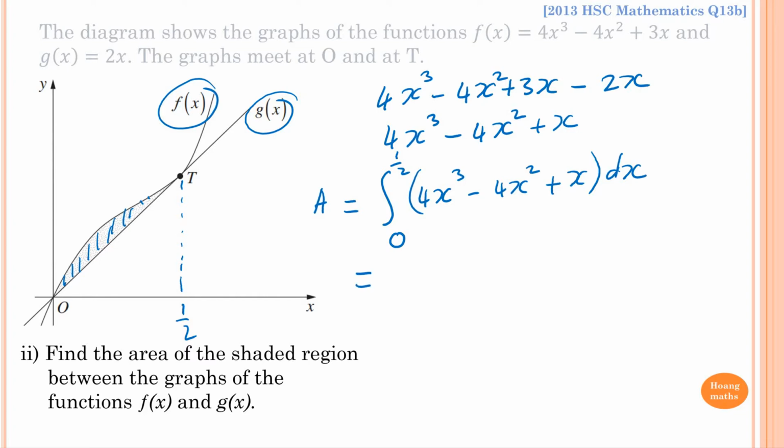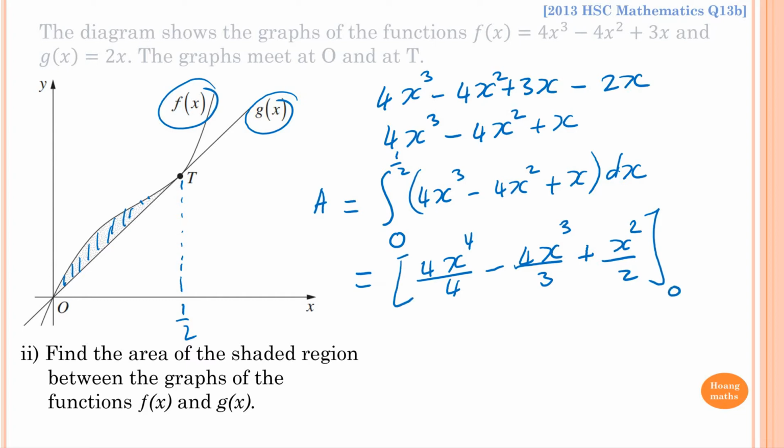Just integrate this, which gives me 4x^4 divided by 4 minus 4x^3 divided by 3 plus x^2 divided by 2. Then just substitute 0 to a half in. Of course, this cancels out. So I just substitute the values in.